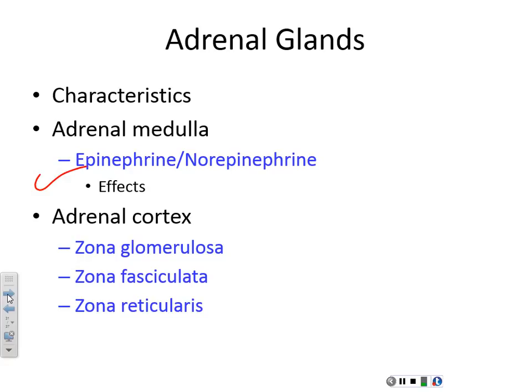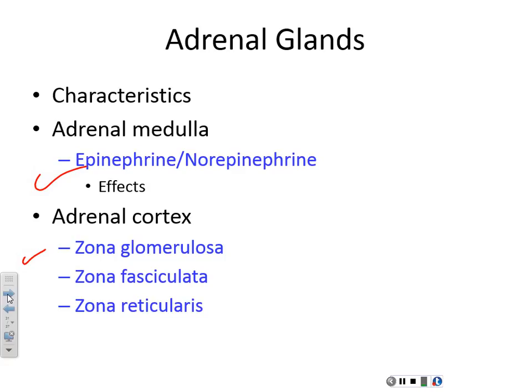So we know about that, fight or flight. And then the cortex is the outside layer, and it's split into three. The zona glomerulosa produces mineralocorticoids like aldosterone that deal with minerals, that affect blood content and blood volume.